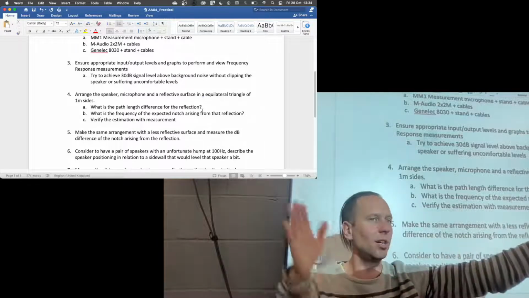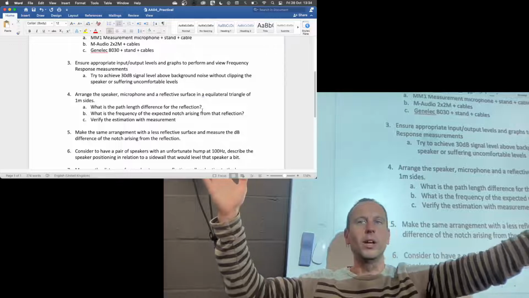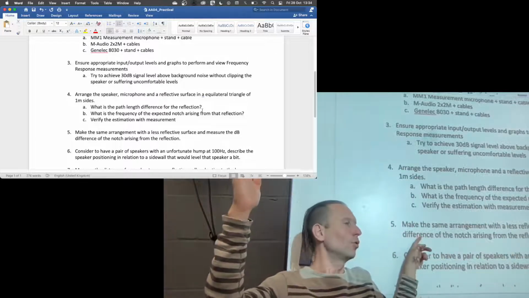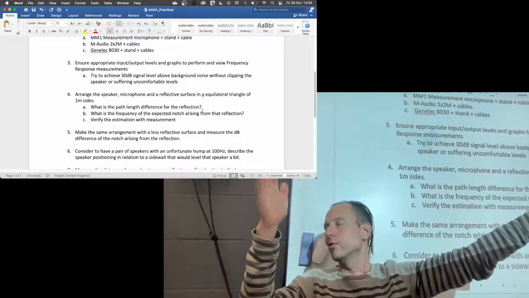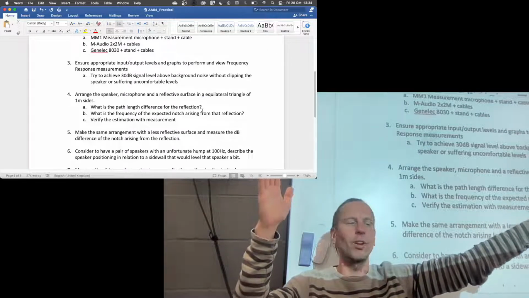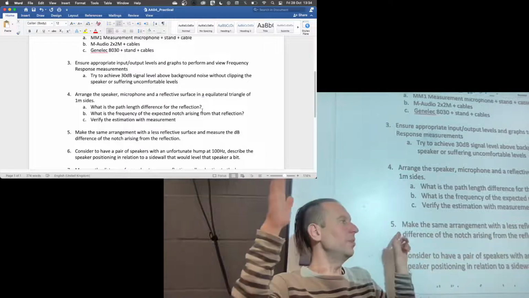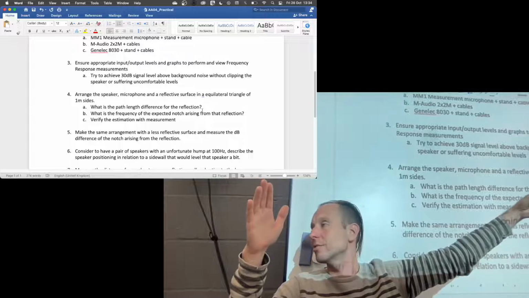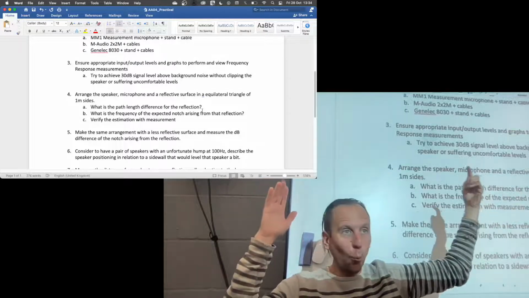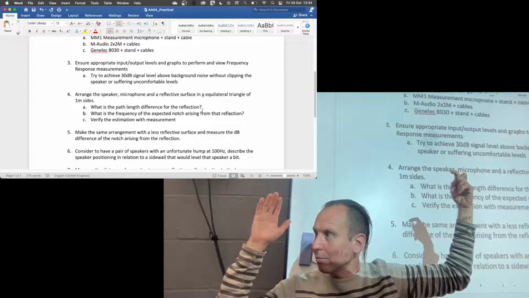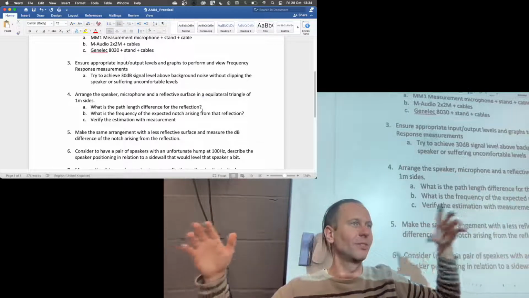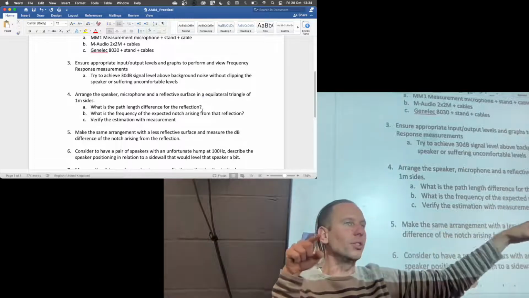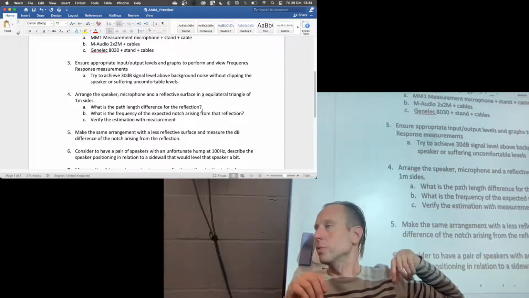I have a speaker here, microphone here, this is about 1 meter. It is an equilateral triangle, meaning that the distance from the speaker to the wall, in describing what we call a specular reflection, is 1 meter plus 1 more, 2 meters. So the path length difference is 1 meter. Because it takes 2 meters via the wall, it takes 1 meter directly. The path length difference is 1 meter.